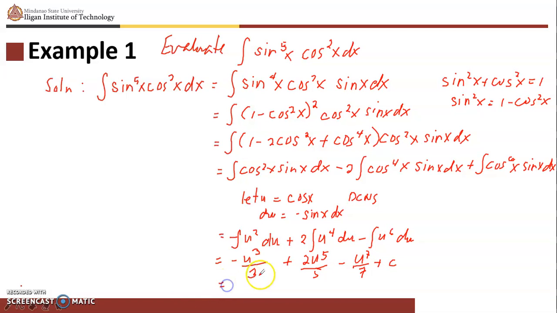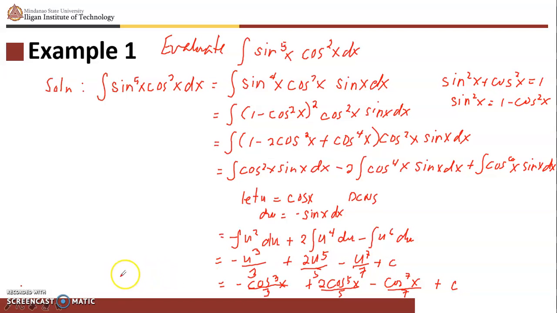That is equal to, if we replace u by cosine x, negative cosine cubed of x over 3 plus 2 cosine to the 5th x all over 5 minus cosine to the 7th of x over 7 plus c.